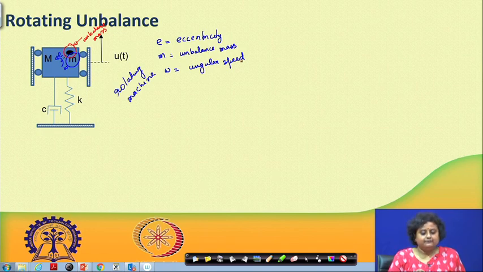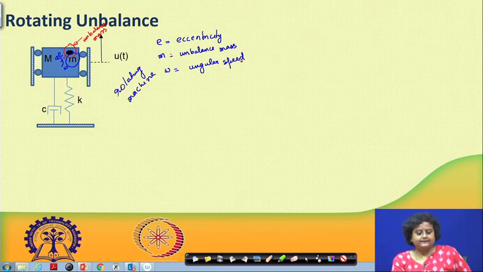Given this, because of this unbalance, is there going to be a vibration? If there is a vibration, what is the nature of the vibration and how do we analyze it? That is what we are going to talk about in this part of the lecture.